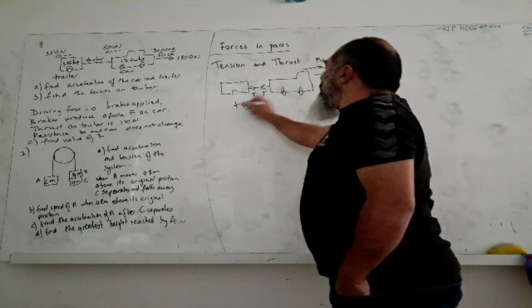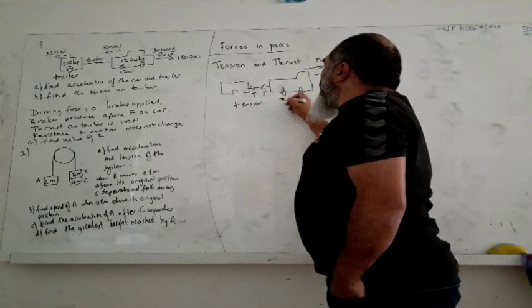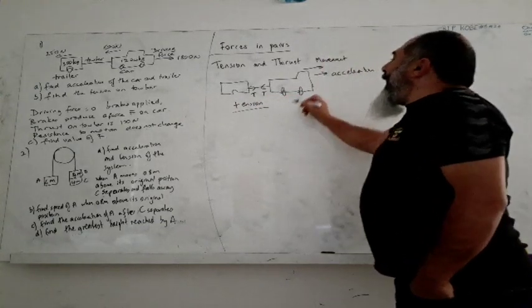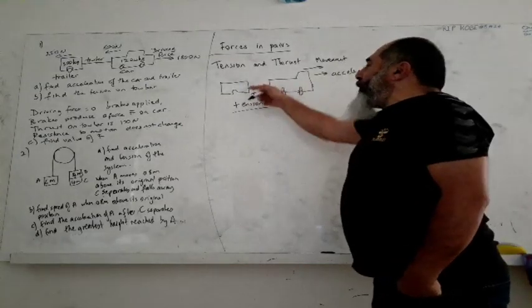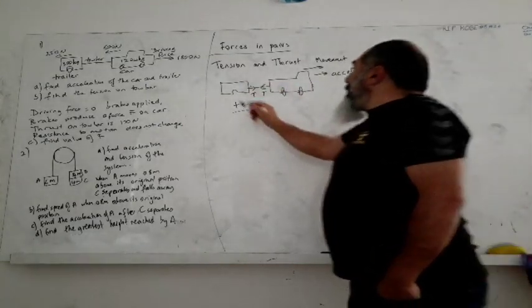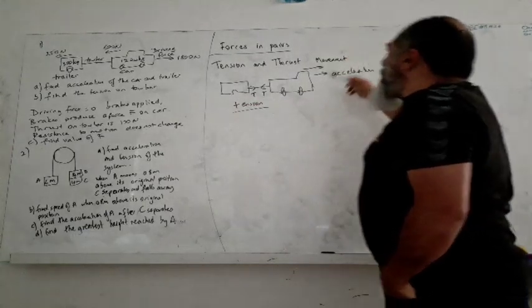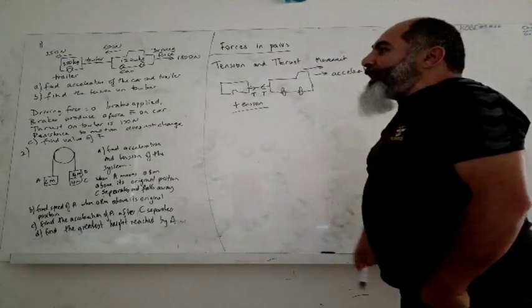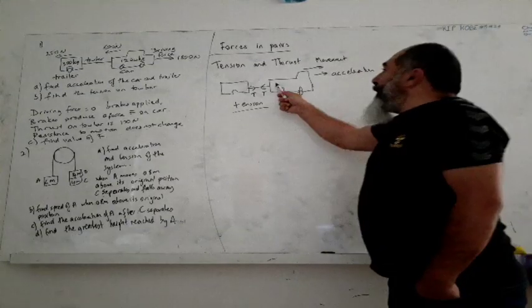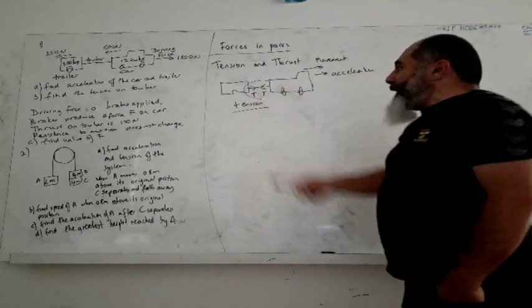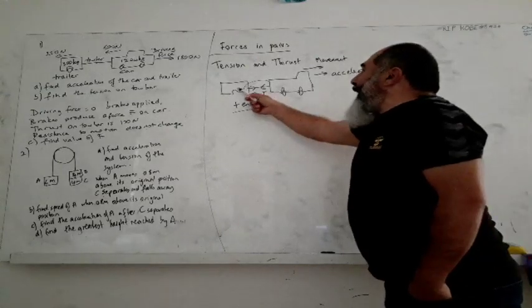Tension is always away from the object. This is tension. When movement and acceleration have the same direction, we have tension on the tow bar, and tension is always away from the object.